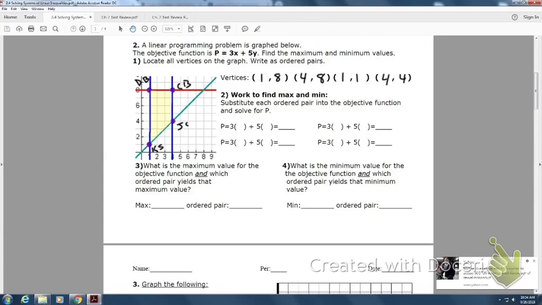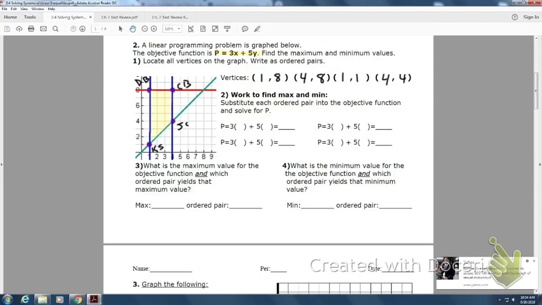So it gave us the objective function up in the equation. The P equals 3x plus 5y. Every point has an x and a y, and all you'll do is plug the x in for x, the y in for y. Tell me what it equals. Now on this one, it's all laid out nice and neat for you. But even if it's not, which most of the time it won't be, I would write this out one time per vertex that you have.